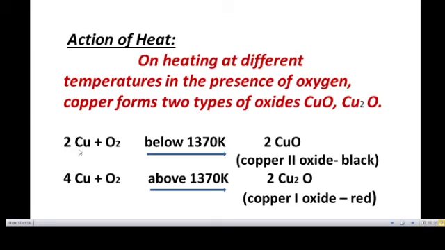The reaction 2Cu plus O2, below 1370 Kelvin, forms 2CuO, copper second oxide. The color of copper second oxide is black. The next reaction, 4Cu plus O2, above 1370 Kelvin, forms 2Cu2O, copper first oxide. The color is red.